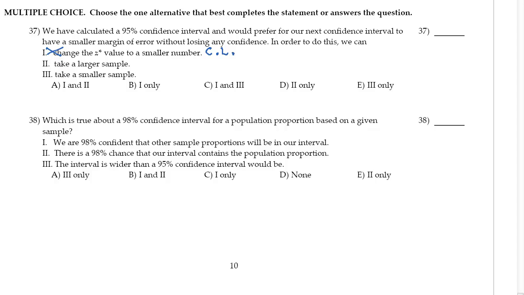If you take a smaller sample, you get more variability and the margin of error goes up. So you don't want to do that. But if you do take a larger sample, the margin of error will go down, and that will give you a smaller margin of error with the same confidence level. And so 2 is the only correct answer here, and that's D.